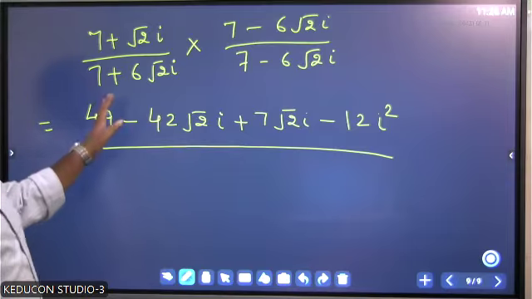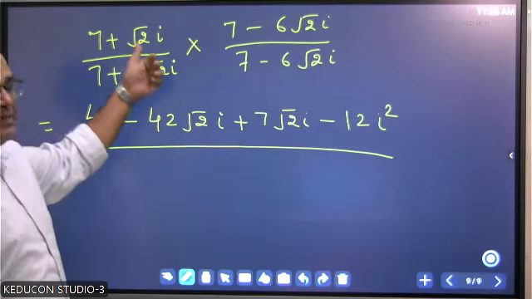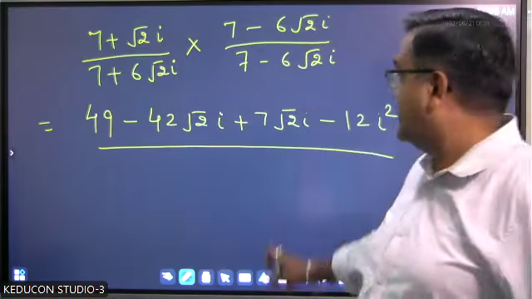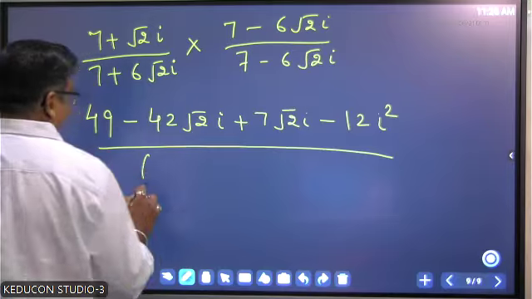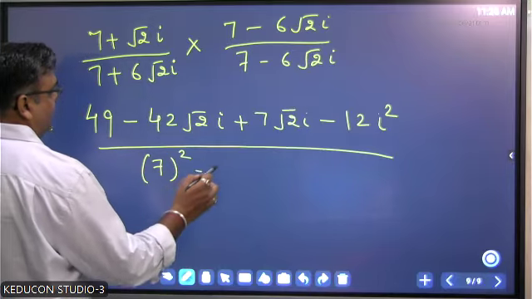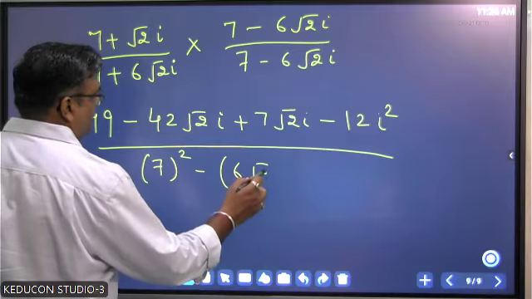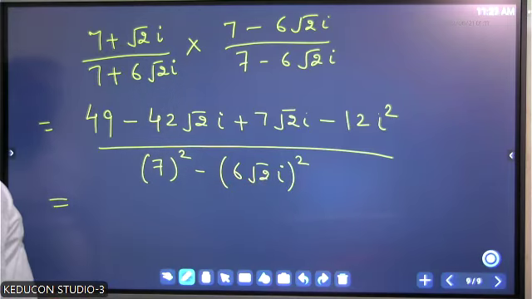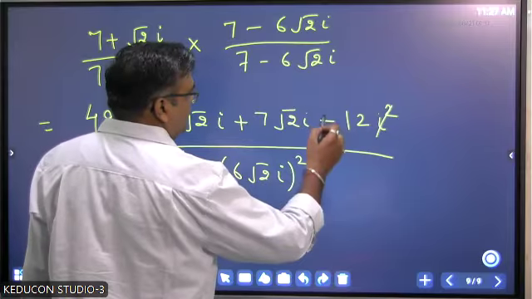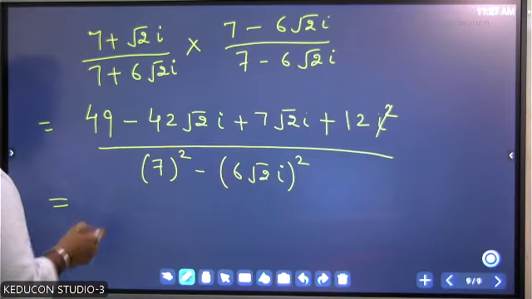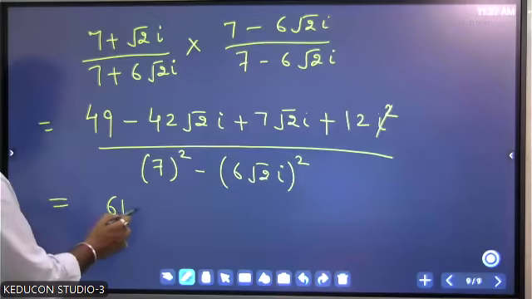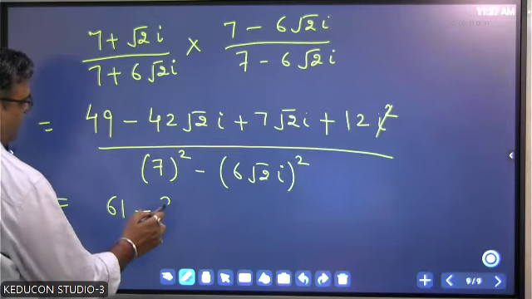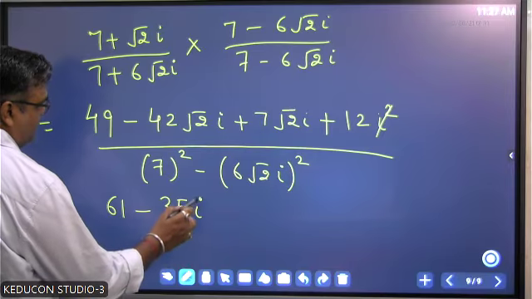In the denominator, students, you will apply (a plus b) into (a minus b), that is a square minus b square. So this will become 7 square minus (6 root 2 iota) square. Iota square will be minus 1, so it becomes plus: 49 plus 12 is 61, minus 42 plus 7 will be minus 35 iota.